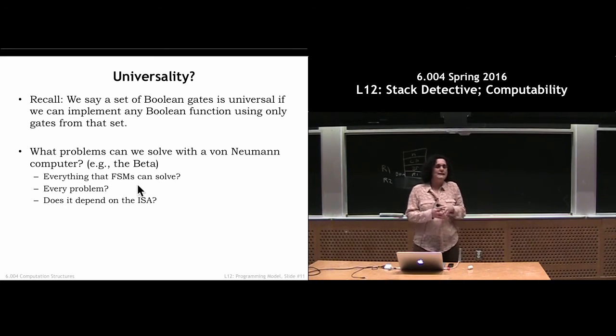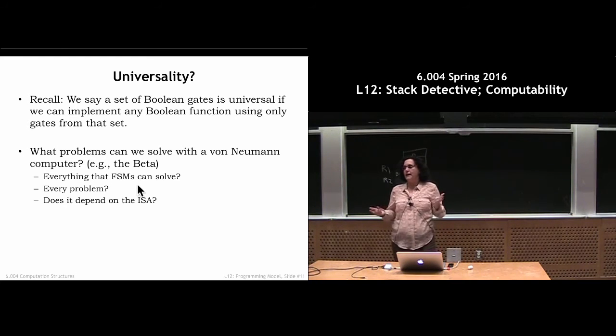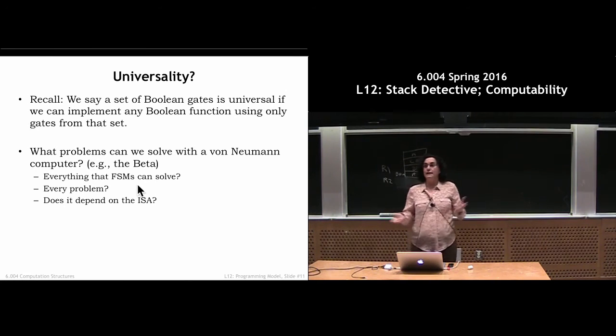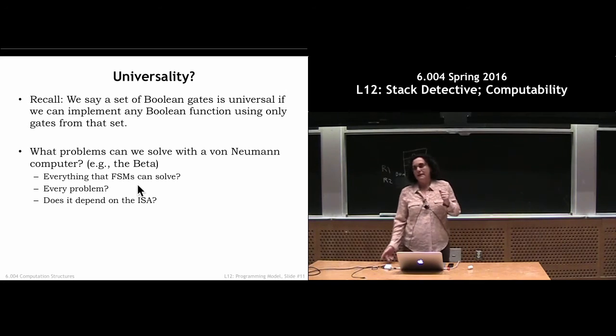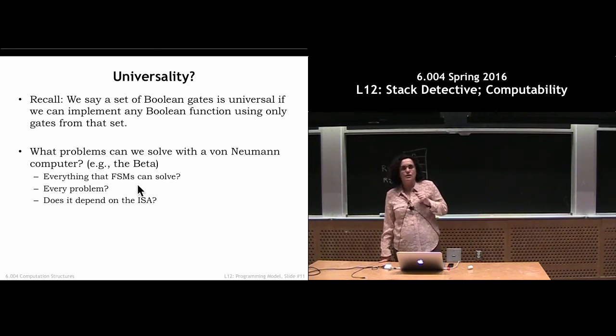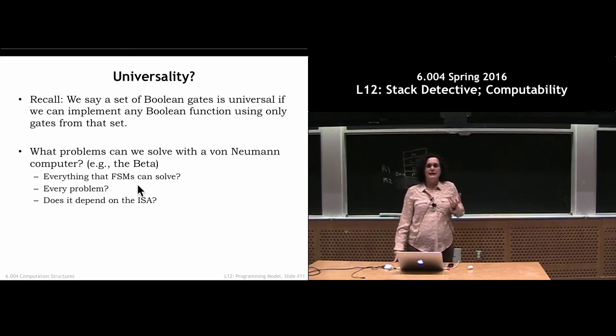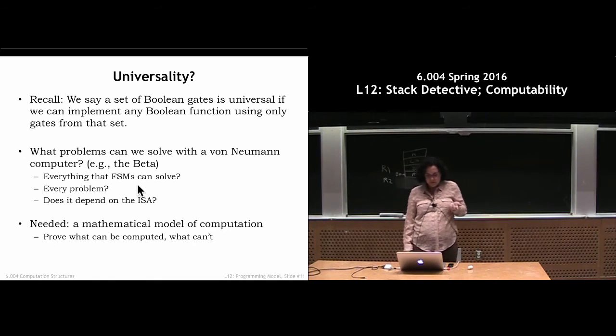So, can it solve everything that a finite state machine can solve? Can it solve any problem that has an answer? Does it depend on what instruction set architecture I use? In order to be able to answer these questions, we have to have some kind of model. We call this the model of computation of what exactly can and can't be computed by my particular instruction set architecture.